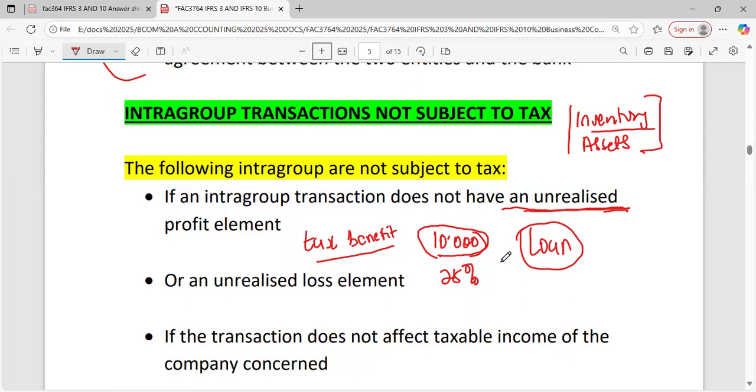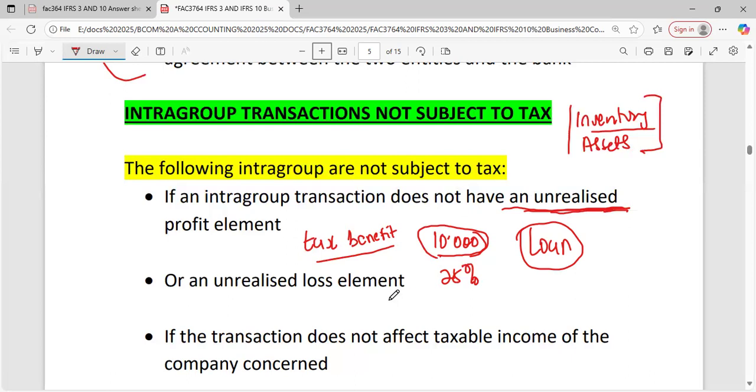Because in most of our questions, you will find that we only eliminate this unrealized profit element, which means there is a profit element that was not realized. Those are the most things that we come across in most of our questions.